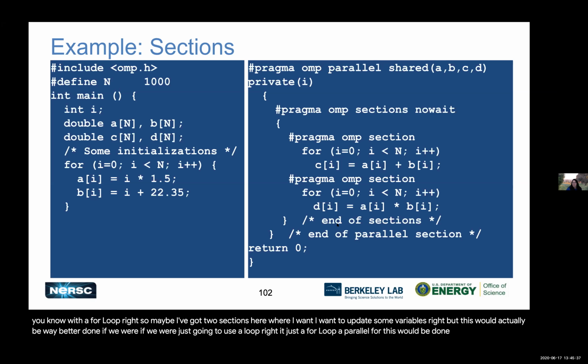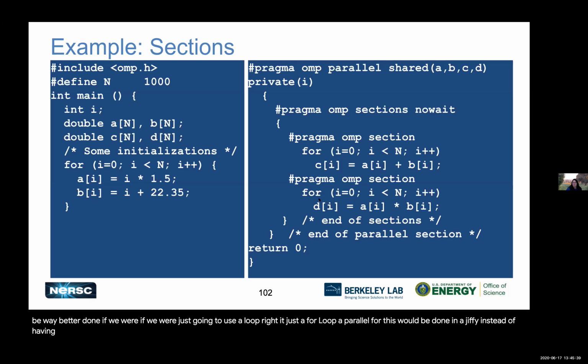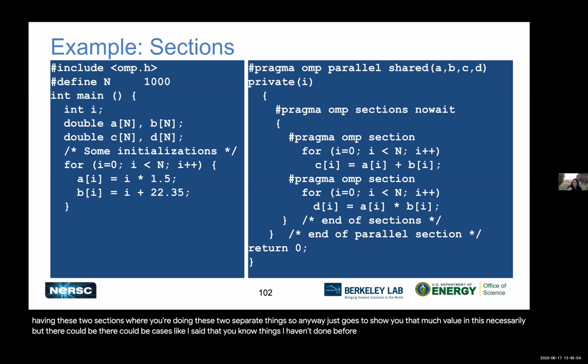This would be done in a jiffy instead of having these 2 sections where you're doing these 2 separate things. So anyway, it goes to show you not much value in this necessarily, but there could be cases, like I said, that I haven't done before, where there are conditions where this would work better. I don't know.